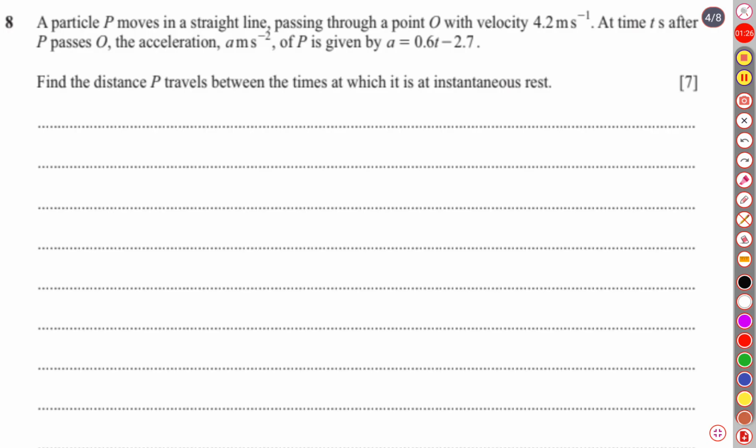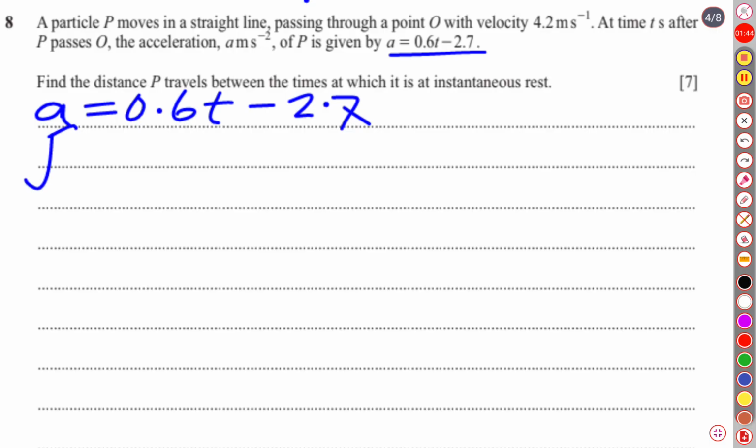Okay, a is given, a equals 0.6t minus 2.7. For velocity, we have to integrate acceleration.